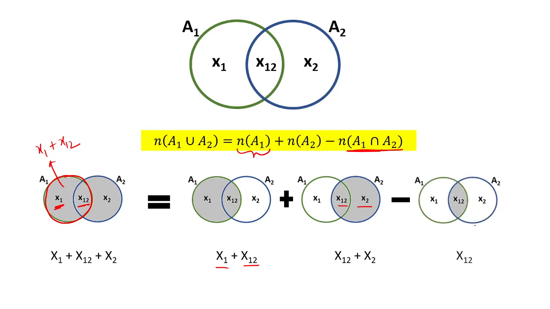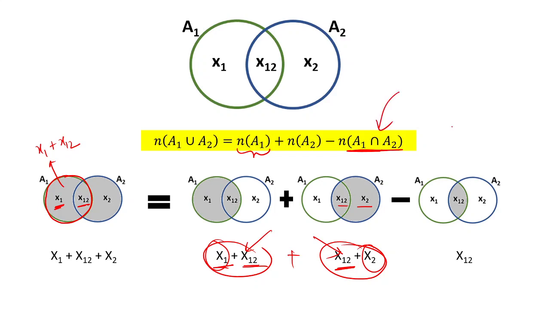So when you added x1 plus x12 with x12 plus x2, you had x2 once and x1 once, but you had x12 twice, and you need to subtract it once. It got subtracted with this term, and that's why this formula works.